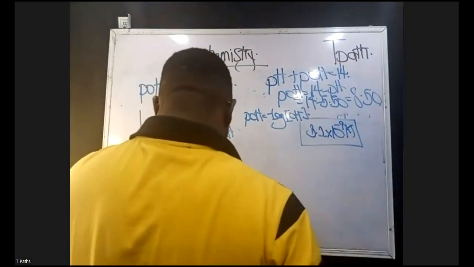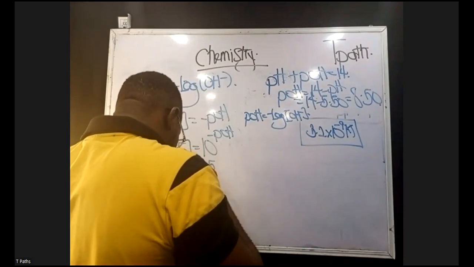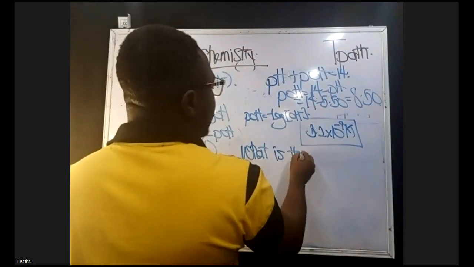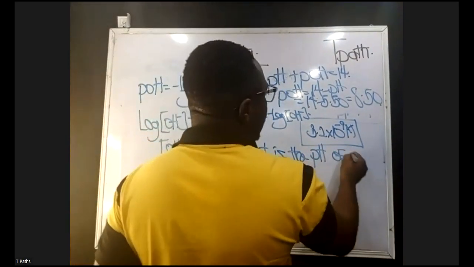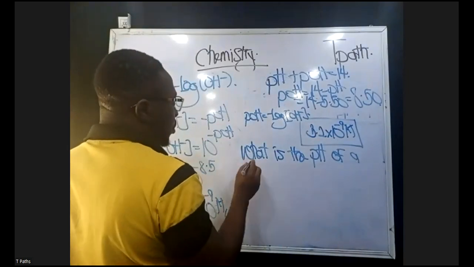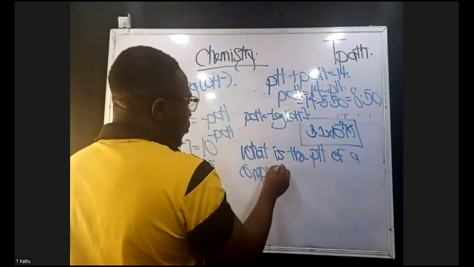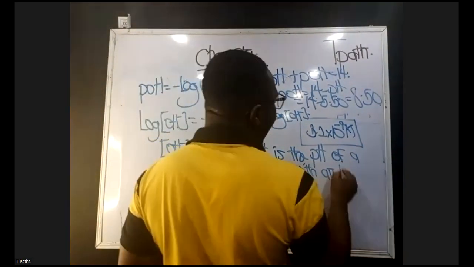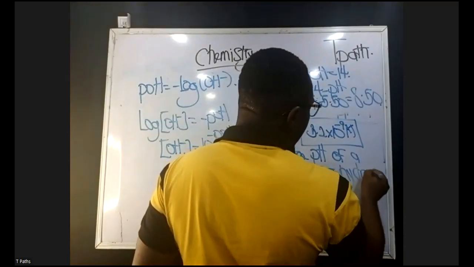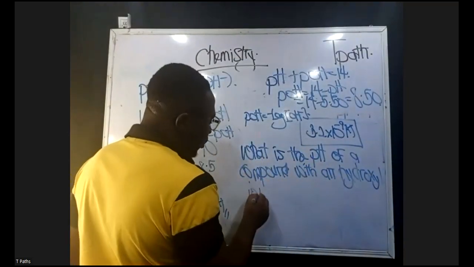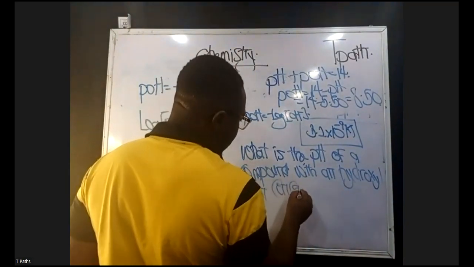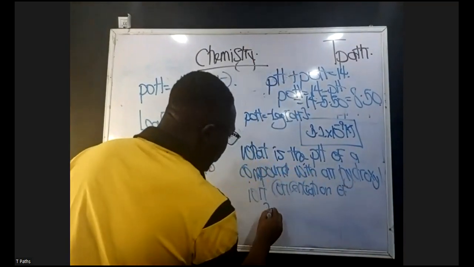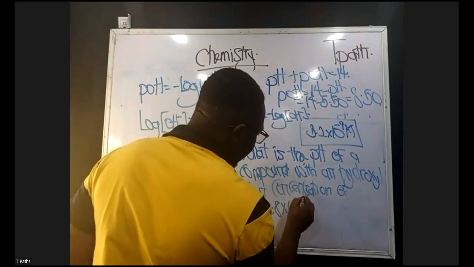What is the pH of a compound with a hydroxyl ion concentration of 2.8 times 10 raised to the power minus 6 molar?